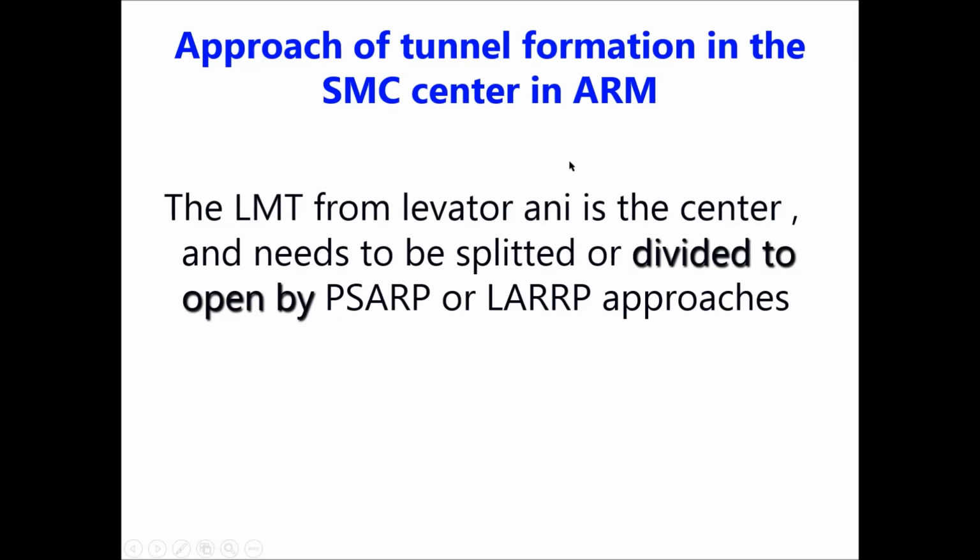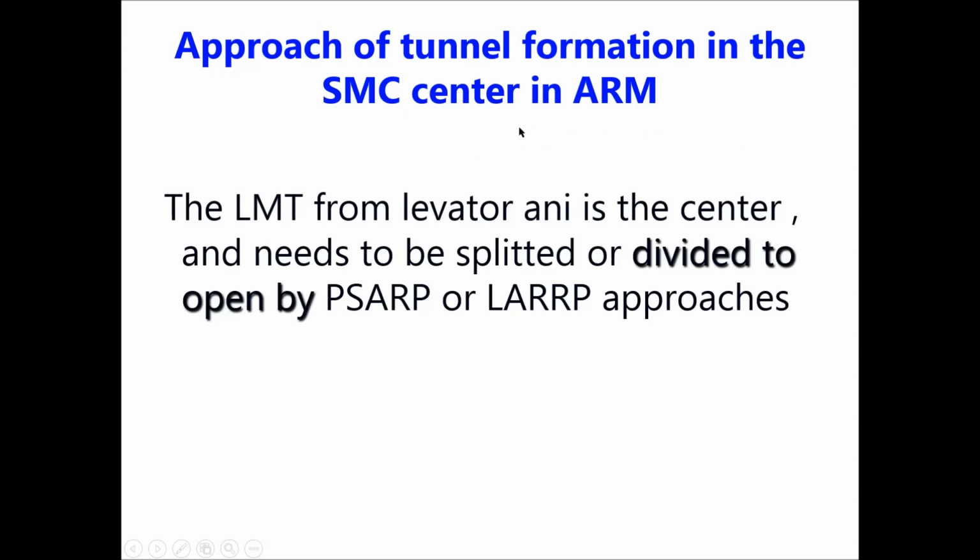Approaches for tunnel formation in the sphincter muscle complex center in ARM is most important for the anorectoplasty. The first very important thing is to locate the center of the sphincter muscle complex.